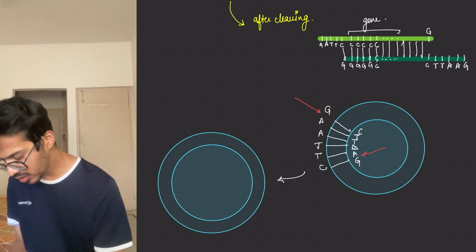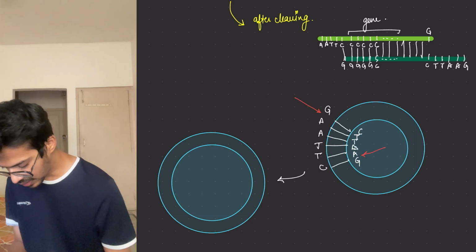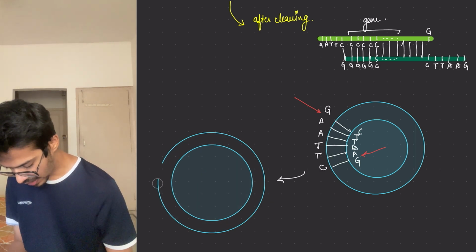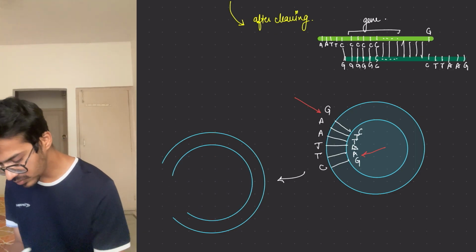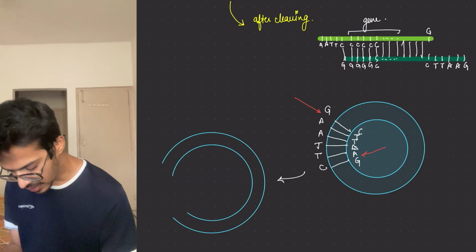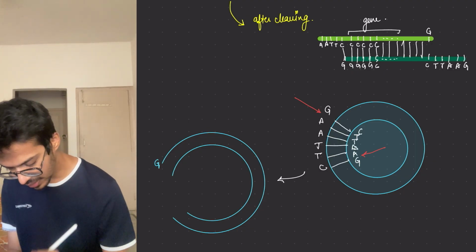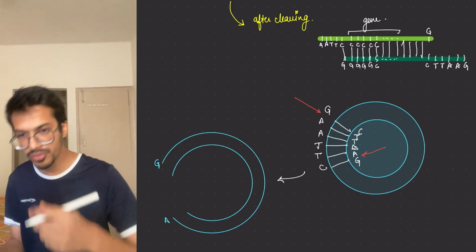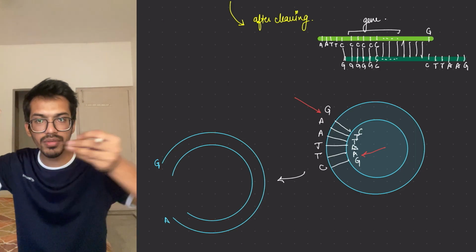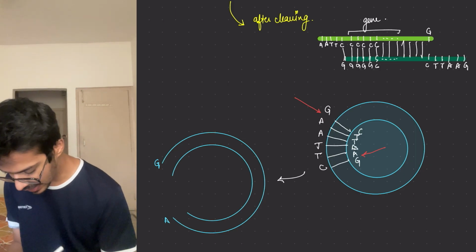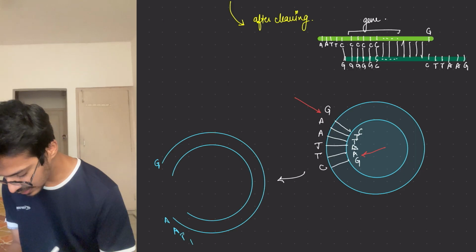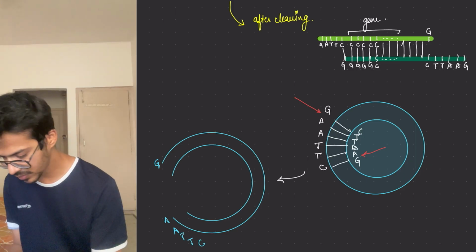So after cut, what is going to happen? Let's see. The cut would be at this level, and that cut will open the strand a little. Means if you see it over here, this is G. Okay, A would be what? A little far off. If you cut something, it will go away. So this A, T, T, C is present here, right?